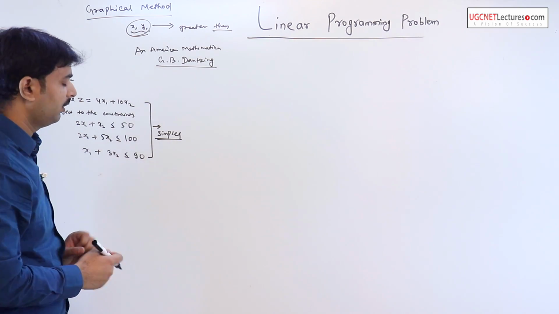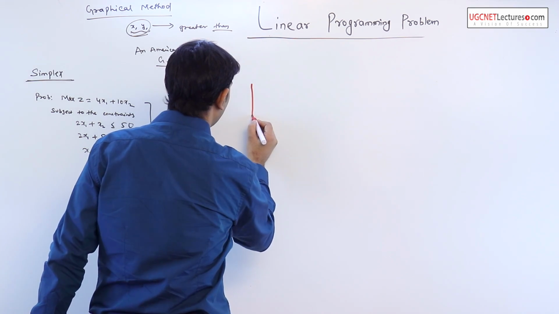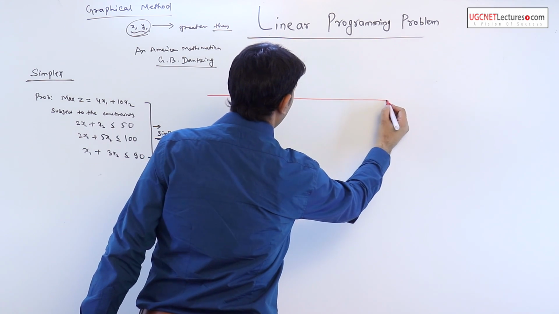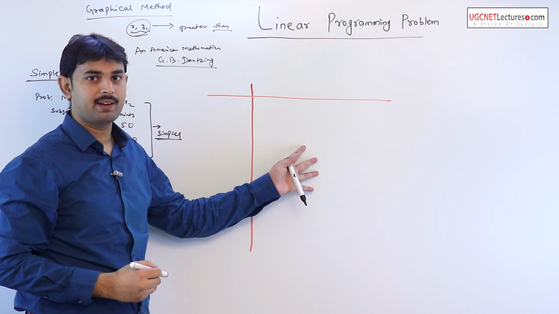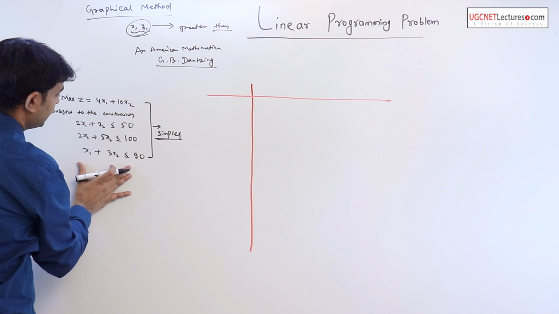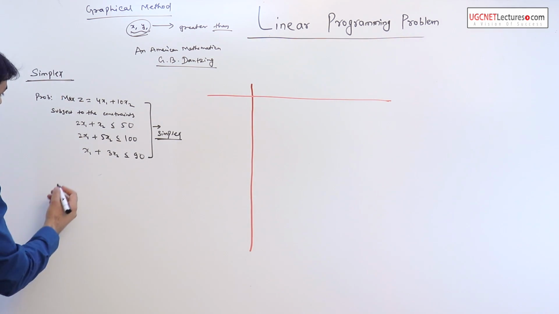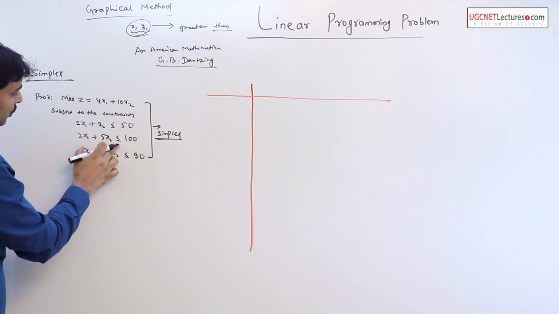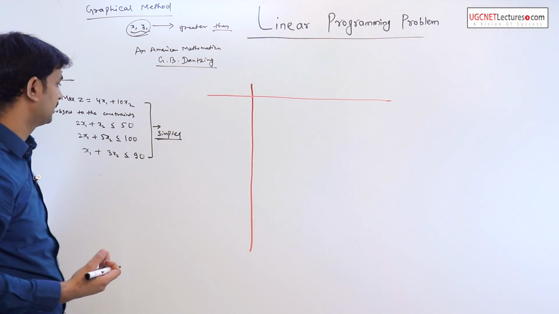First of all, for putting all the values in the table, we first write this LPP in standard form. Here all the constraints are less than or equal to type, so we have to introduce slack variables.